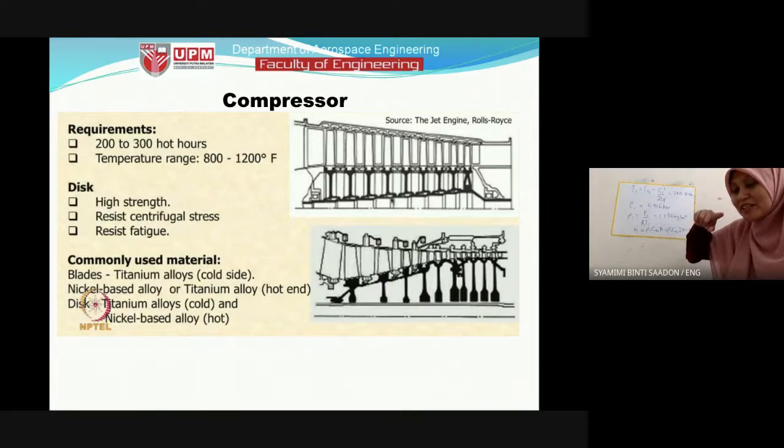We imagine the fluid enters axially and will rotate this way, so we only take the circumference, the outer area. That's why we use 2 pi R times the blade height.